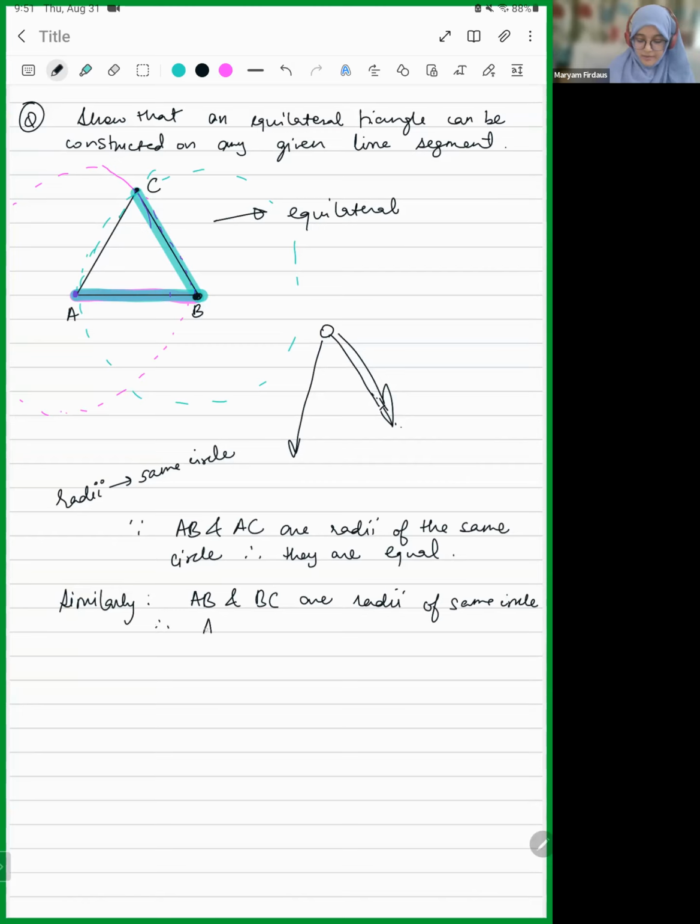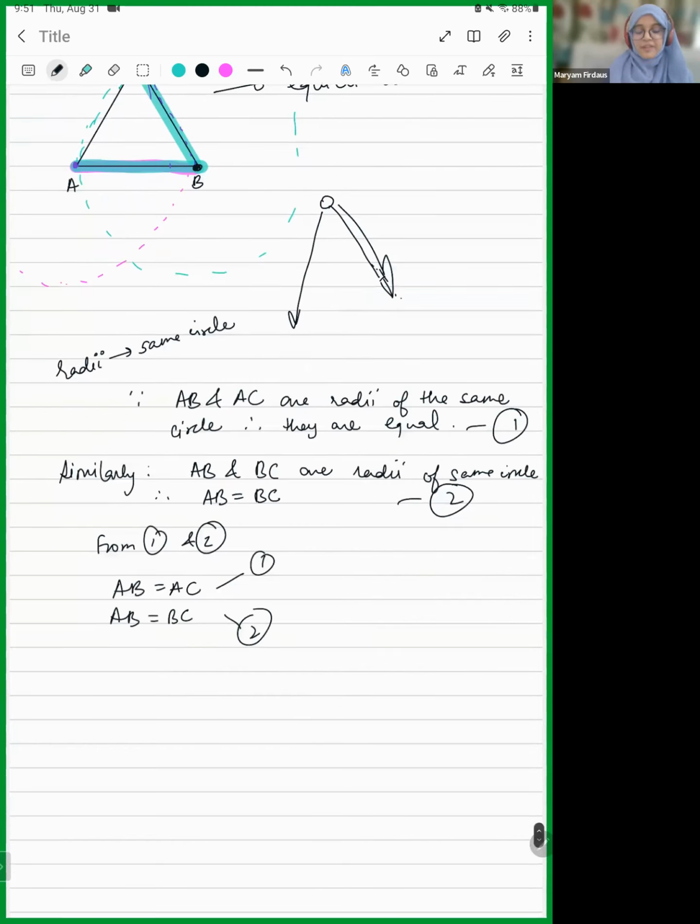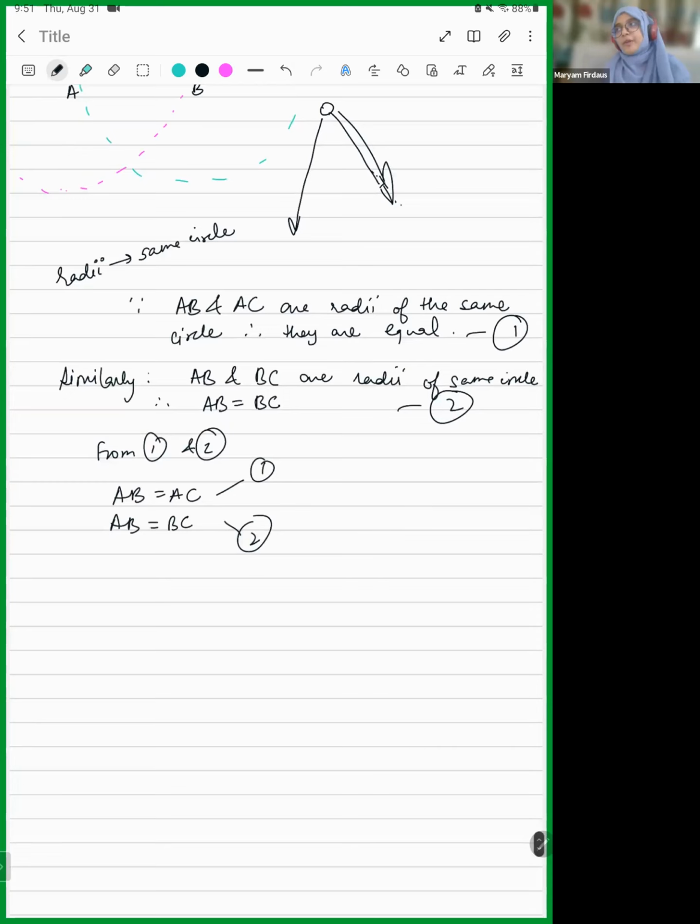Therefore AB equals BC. Now from these two things, from 1 and 2, we have AB equals AC and we have AB equals BC. This is from 1 and this is from 2. So which axiom of Euclid says that things that are equal to the same thing are equal to each other?